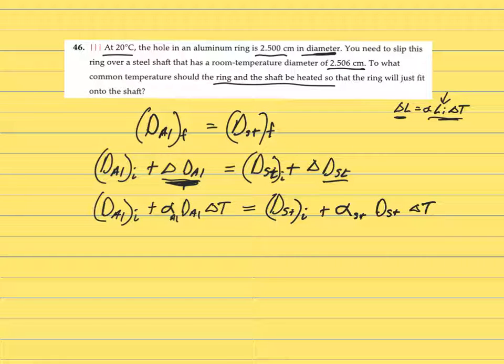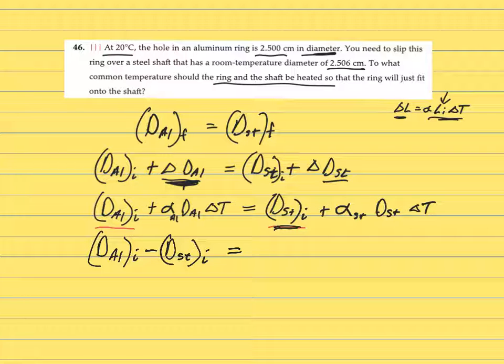All right, you're going to love this. I am going to subtract this diameter of aluminum initial, and I'm going to subtract this diameter of steel initial from both sides. I love this. Remember doing these little games in algebra class, wondering when would you ever use this again? This is when.